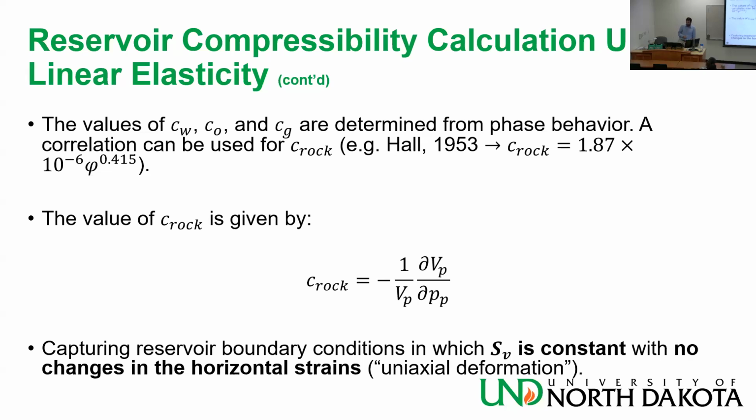Basically, if there are no changes in the horizontal strains, like the case that we started the class with today, where epsilon xx is 0 and epsilon yy is 0, and only epsilon zz is non-zero, we call that uniaxial deformation. You're only deforming along one axis.